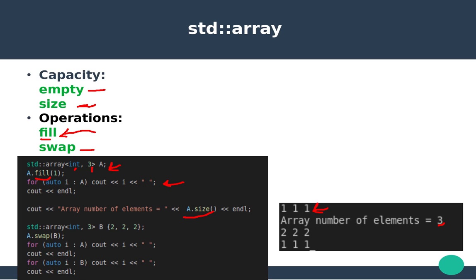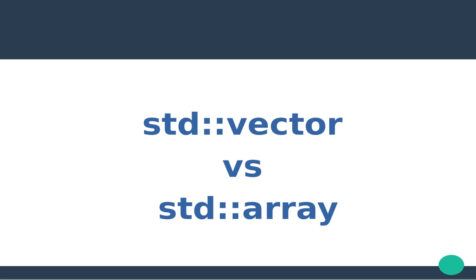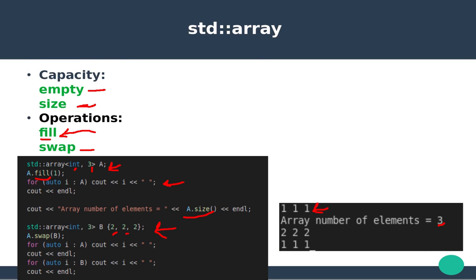And here I defined another array with 3 elements, each element in the array equal to 2. Calling a.swap(b) means switching all the items between a and b.